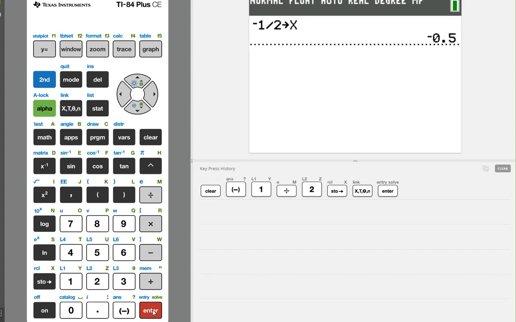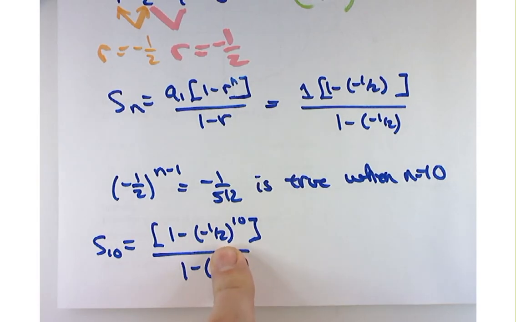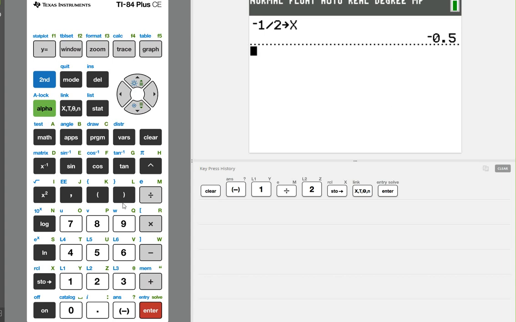Good there? And now I want to type in the formula for S sub 10, except that everywhere I see the -1/2, all I have to do is type in an x. It's going to make it a lot more efficient in terms of calculating this formula. So it's going to be parentheses 1 minus x raised to the 10th power.